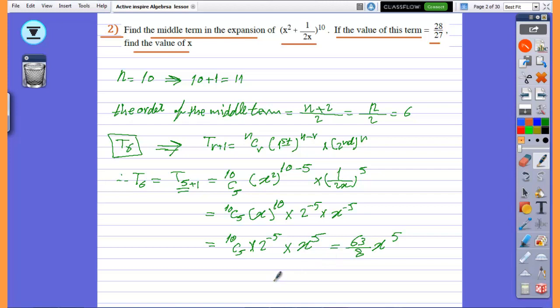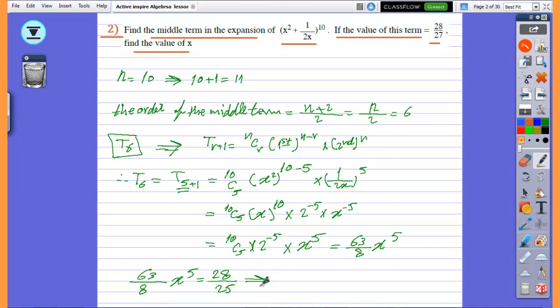Okay, now the second requirement: if the value of this term equals 28 over 27, then find the value of x. So 63 over 8 x power 5 equals 28 over 27.